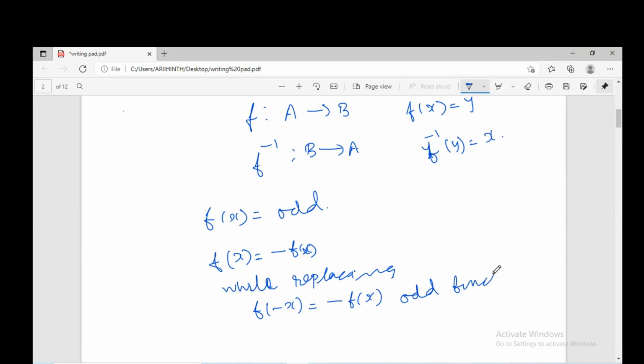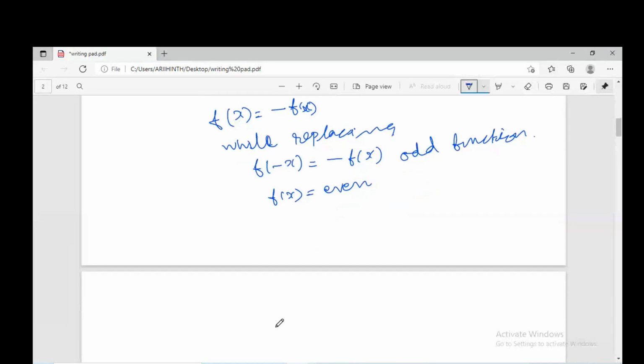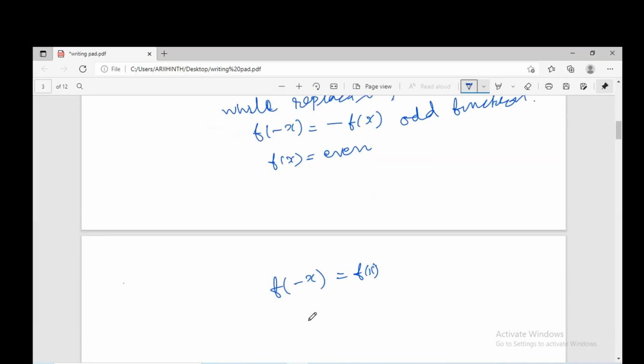Then even function. f of x is even means, suppose you put minus x and again you get the same function, f of x, then it is called an even function.